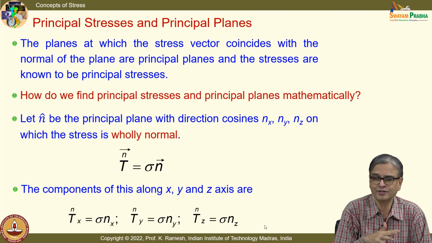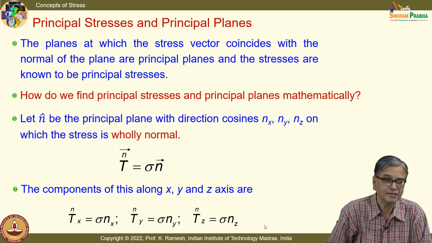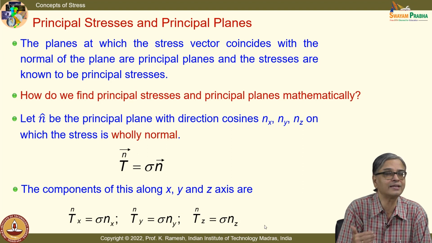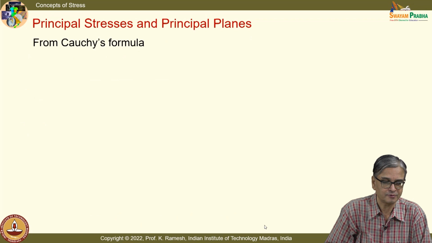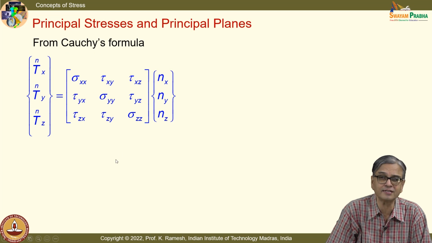I am not sure whether you have studied eigenvalues and eigenvectors in your mathematical courses. So, if you have done that, then we are going to formulate this problem as an eigenvalue and eigenvector type of development. Okay. So, from Cauchy's formula, I have the generic expression. This is the given stress tensor, and I have these direction cosines nx, ny and nz.